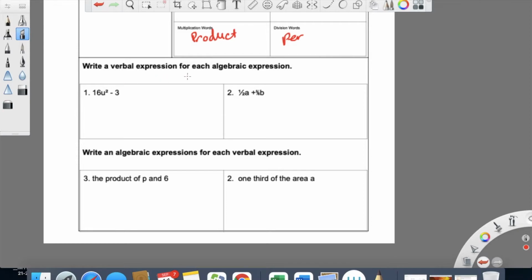So this first one says write a verbal expression for each algebraic expression. So we're just going to practice this idea of writing algebraic expressions, meaning that we have numbers and we're going to write it verbally into words. Okay, so 16u squared, that's how we use that exponent, or we can say raised to the power of 2.